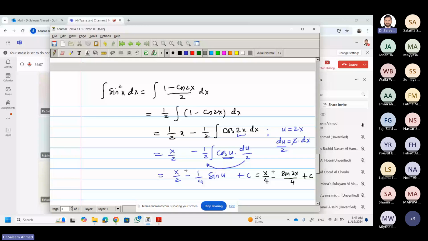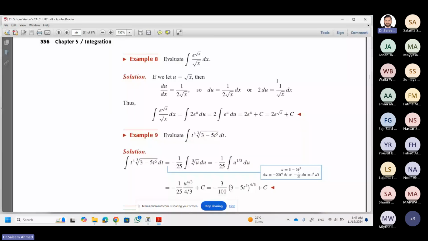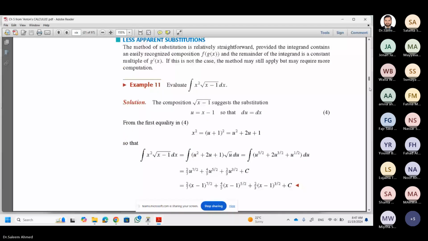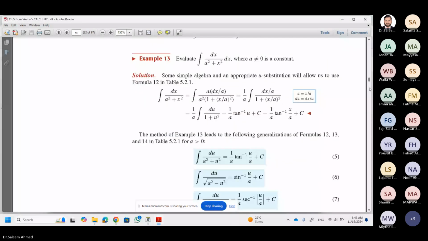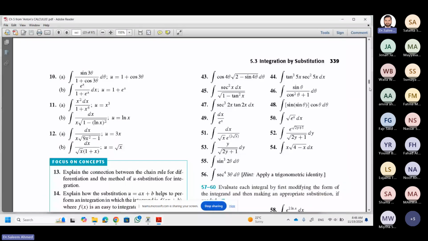All right, so let's see what else we have in this section. I did a few problems from here, cos cube x that I did. So we did quite a lot from here. In the first 12 questions, they gave you the substitutions.